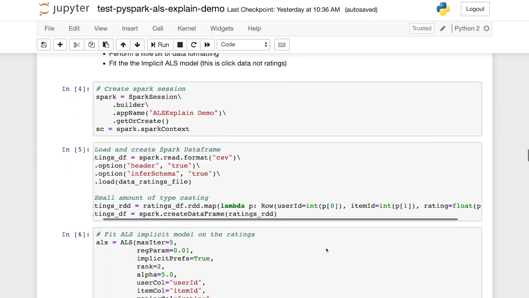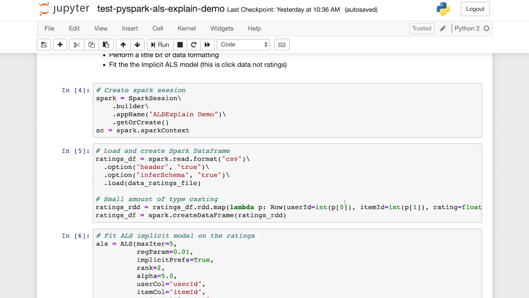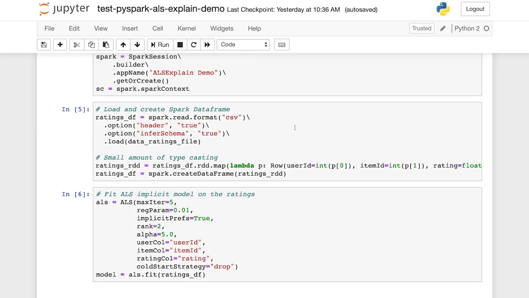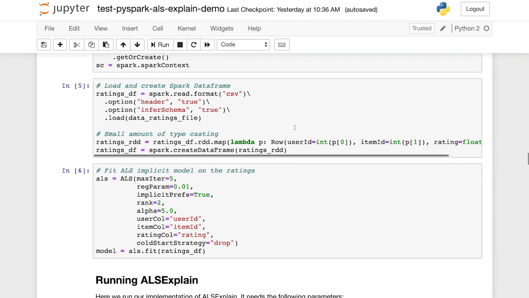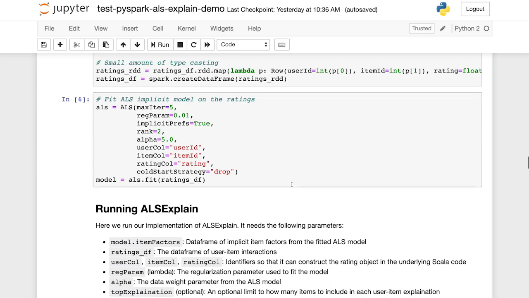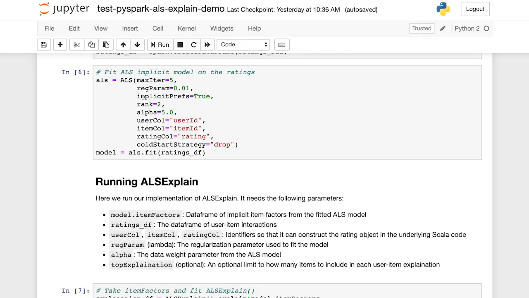Next you'll run the ALS model. You start your Spark session if you still have to do that. If you're in the Databricks environment, of course you don't have to. Then prepare some ratings, feed your data frame to ALS, and fit it.